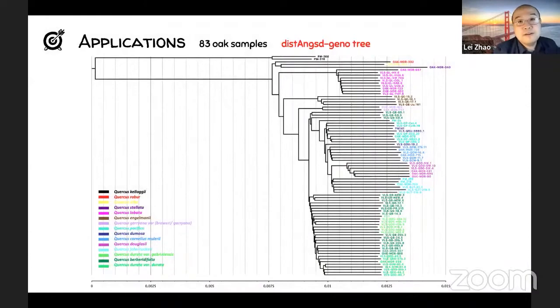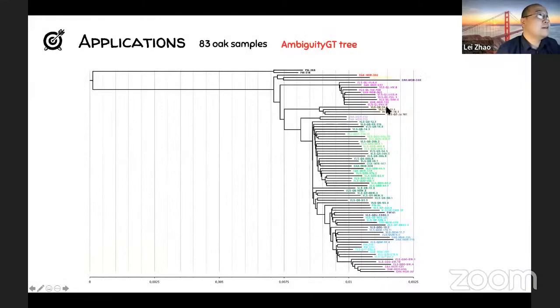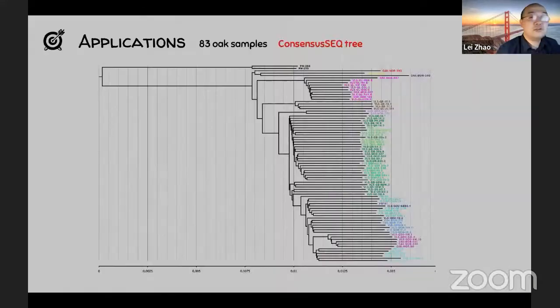And we also use our method to infer some real data. So this is our method inferring the ALK tree. There are totally 83 ALK trees, I think in the US. And we also use the other method to infer this ALK tree.